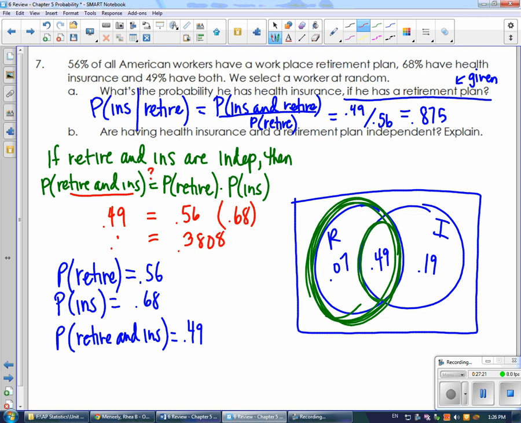And that is obviously not the same thing as 49%. So since those values are not equal, the events are not independent.